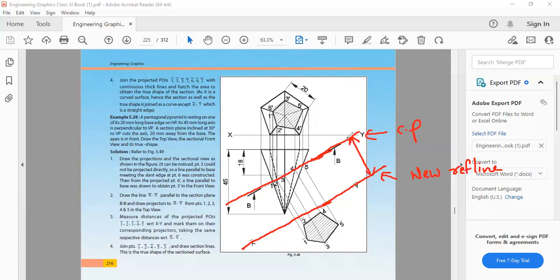Then draw projection lines from the cutting points.